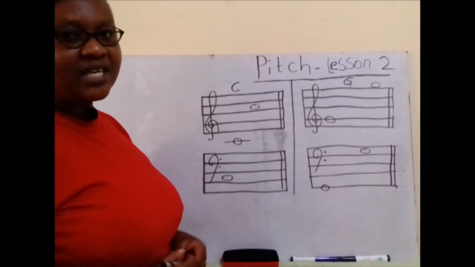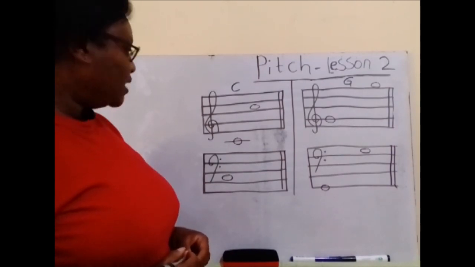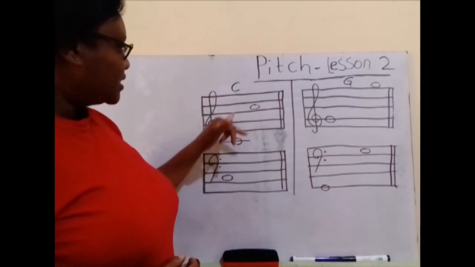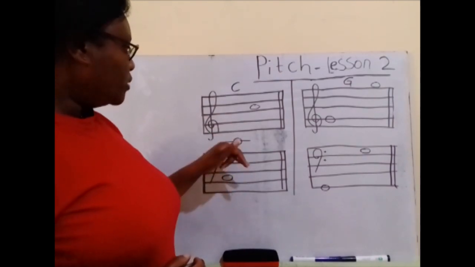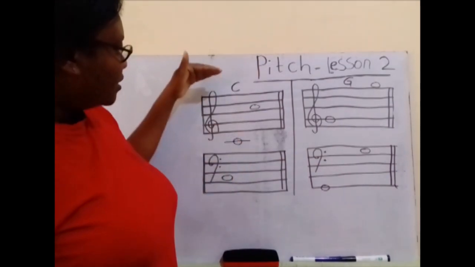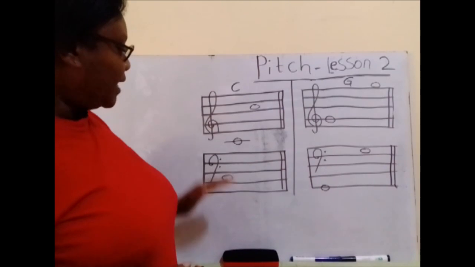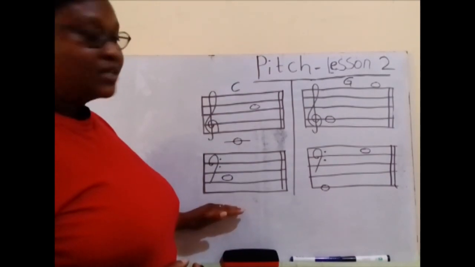So the pitch is the same. The only difference is that it is being shared by both clefs. So when you are pitching here, you can pitch for both female voices and male voices.